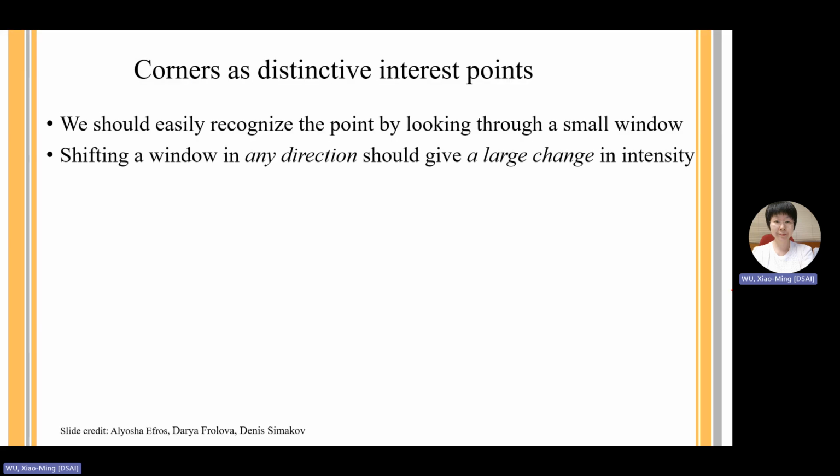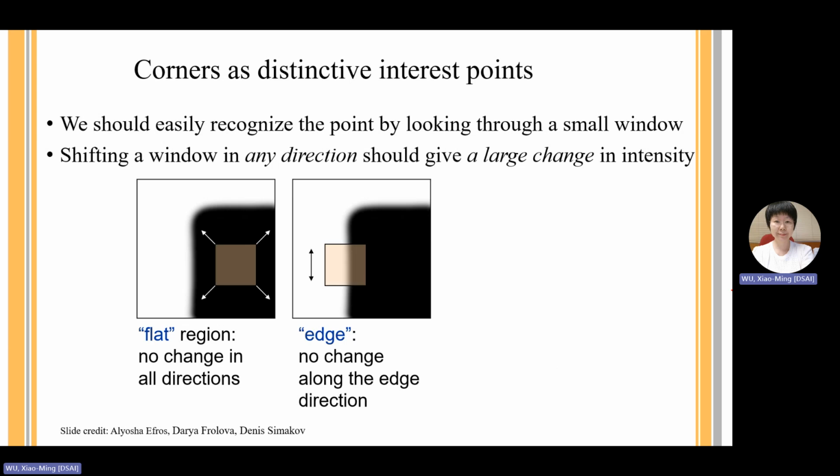Well, consider this case, if the window is placed here, all the columns have the same pixel value. So all the y derivatives are 0, right? All the y derivatives are 0.